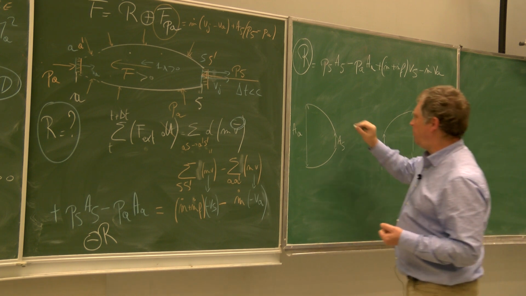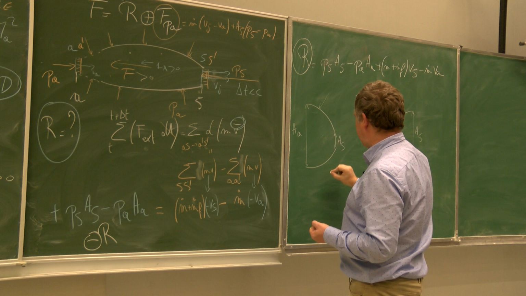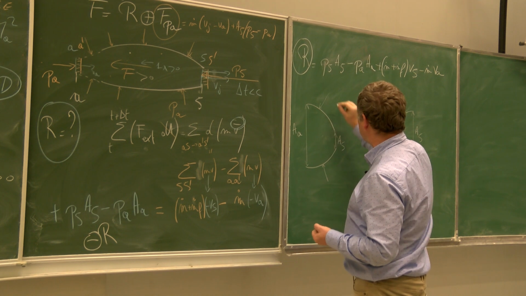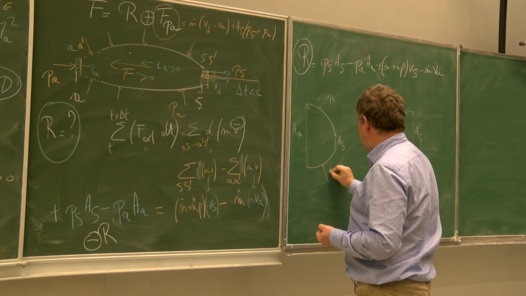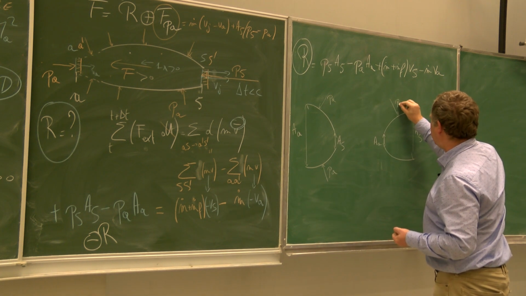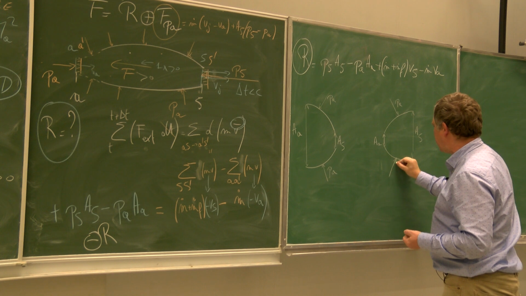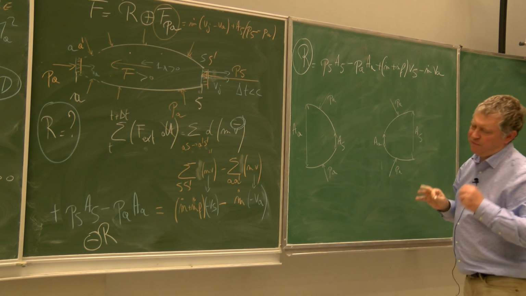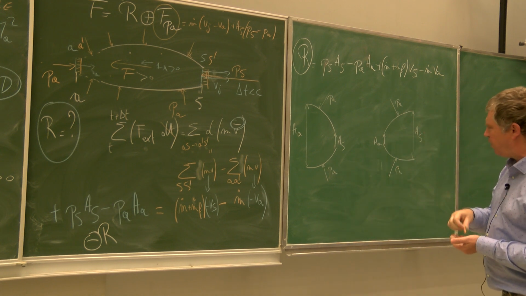We are just considering PA, so PA is perpendicular to the surface. This is PA, and in this case, this is PA. Everything is symmetric, of course. I'm not a very good drawer.